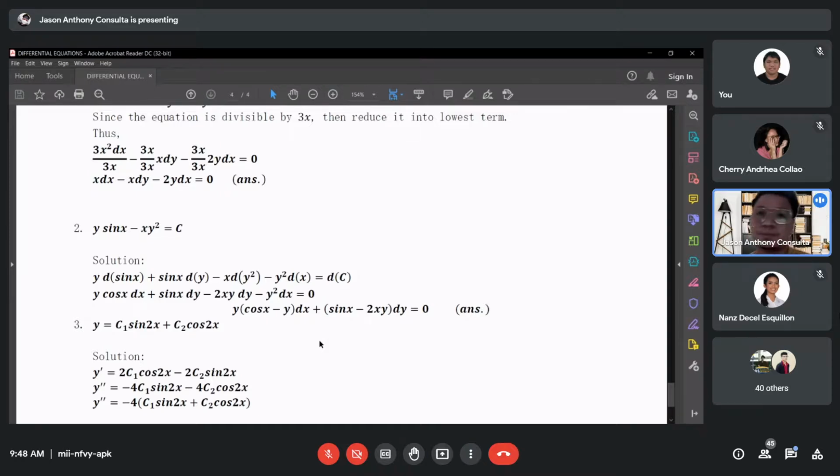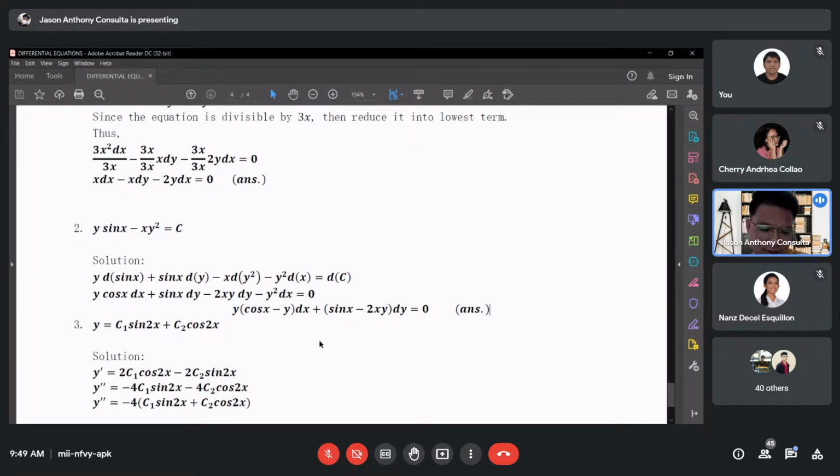Pakibalikan ulit yung derivative ng double angle sa trigonometric function, differentiation of trigonometric function. Okay? So 2C1 cosine 2x minus 2C2 sine 2x. So the second derivative is negative 4C1 sine 2x minus 4C2 cosine 2x.